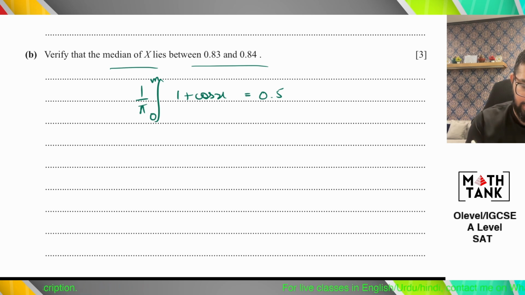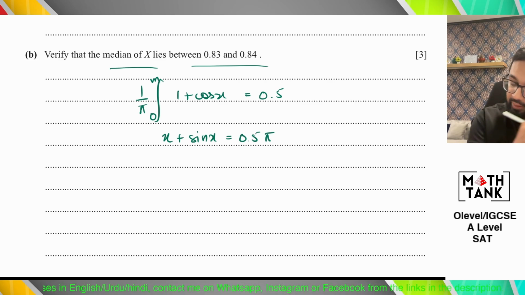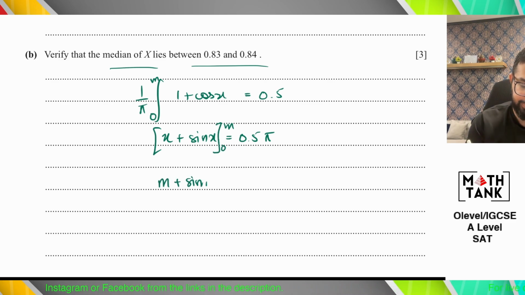Now x plus sine x equals 0.5 pi. When I plug in, m plus sine m plus 0 plus sine 0 minus 0 plus sine 0. It doesn't matter really though, 0.5 pi.